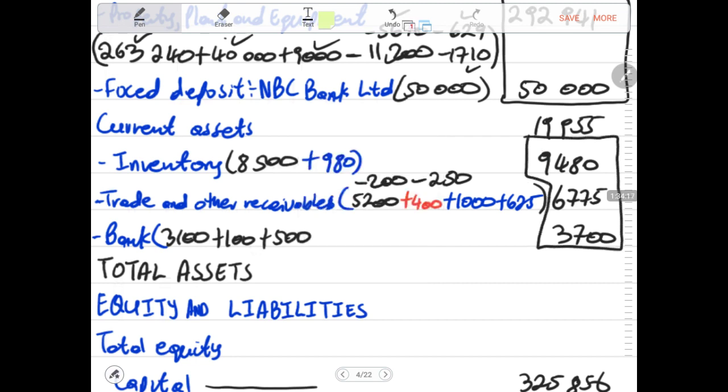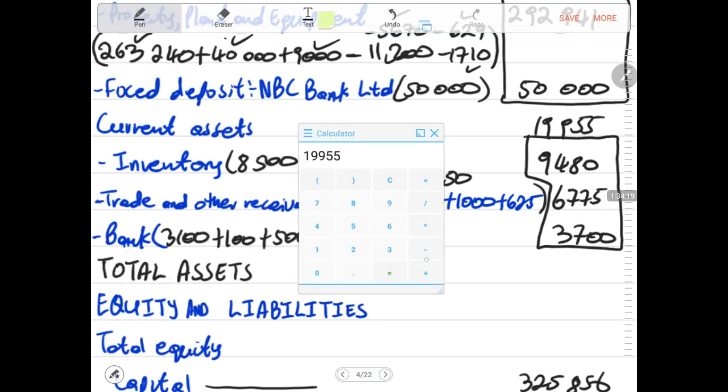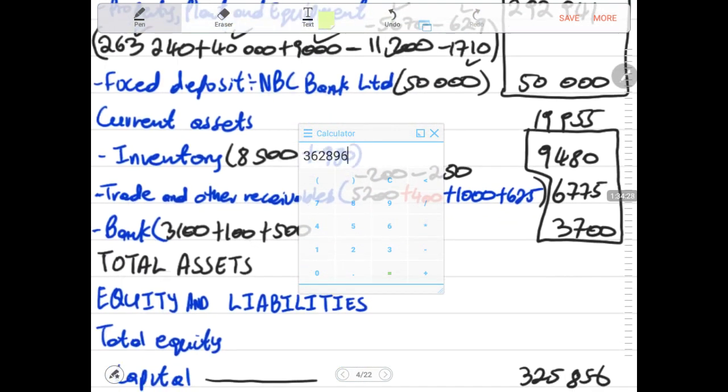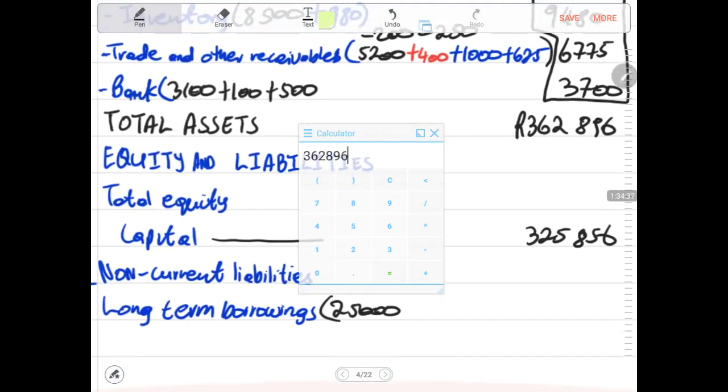Then that will be our current assets plus our non-current assets, 342,941 plus 19,955 equals 362,896.